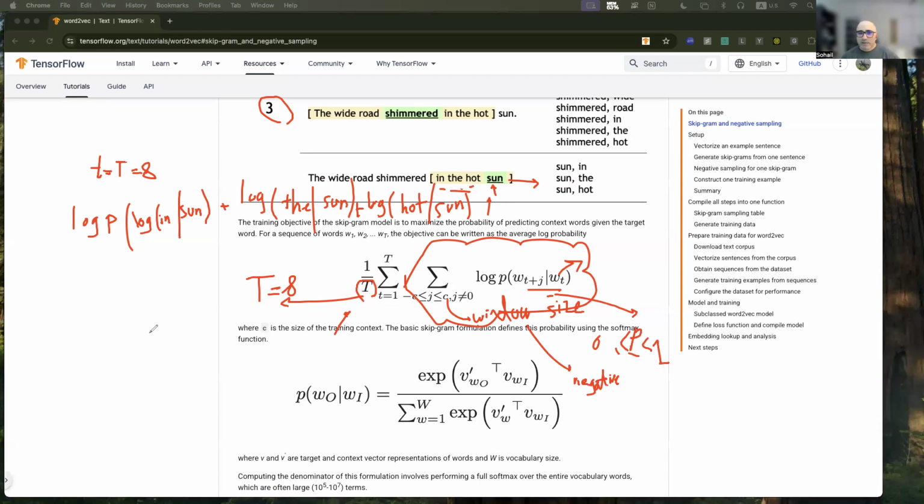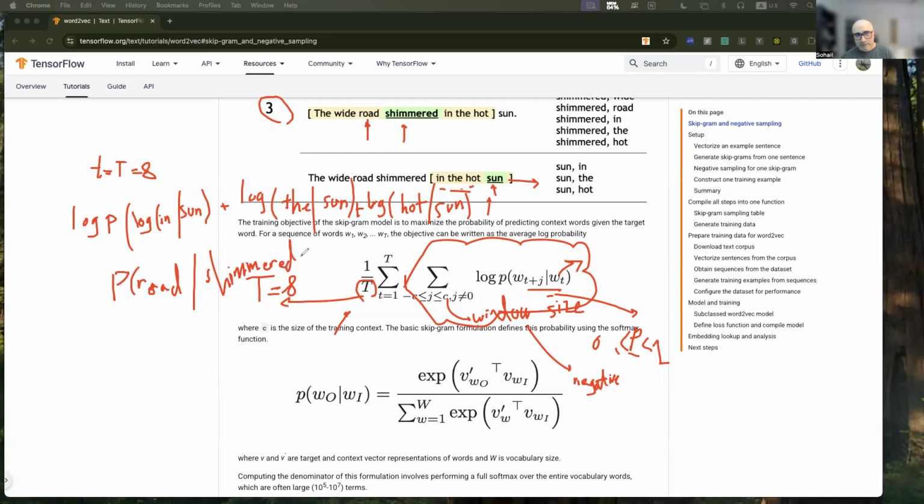The idea here is what they actually wanted to optimize. The idea is this word, for instance, road given shimmered. What's the probability of having road in that window size given the word shimmered?